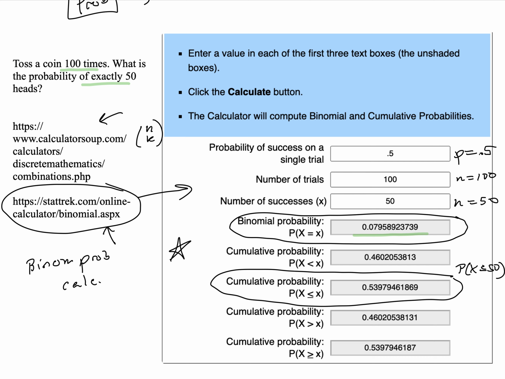So there's an 8% chance of that happening, but it is the most likely outcome out of all possibilities. It's more likely than 49 heads, and it's more likely than 53 heads, and so on. And if we were talking about tossing a coin 1,000 times, what's the probability of 500 heads? That's more like 2% or something. That's, again, getting smaller and smaller to get a very precise value. So the most likely event might not be all that likely if there are many possible different outcomes.